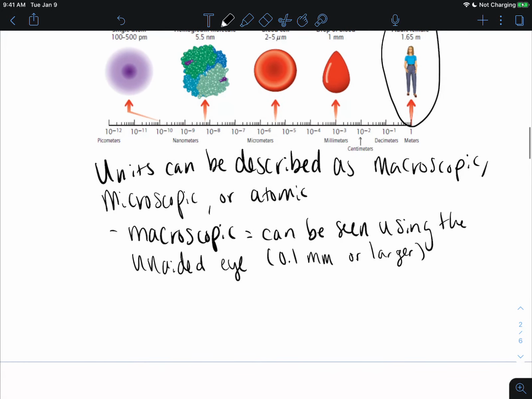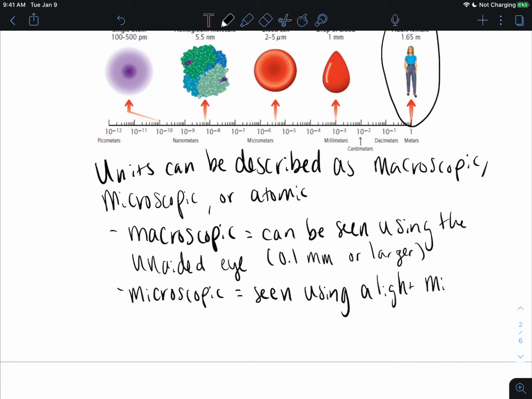Okay. And then we have microscopic. These are going to be able to be seen using a light microscope, and they're going to be in the size range of 0.2 micrometers to 0.1 millimeters. And then lastly, we have atomic.